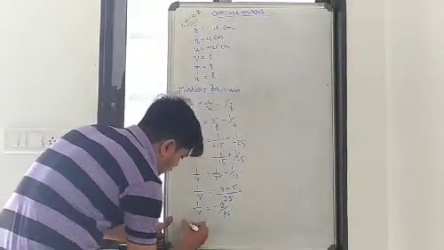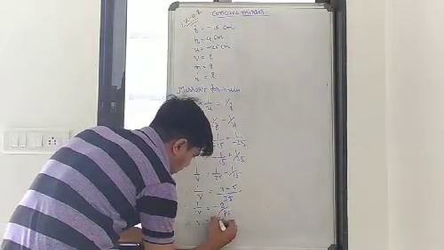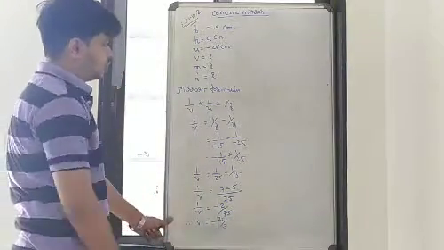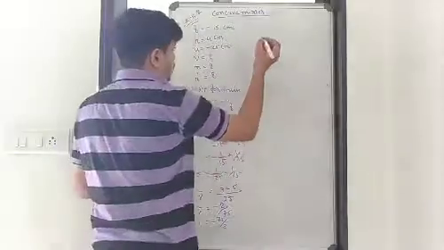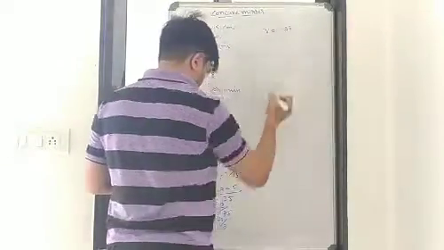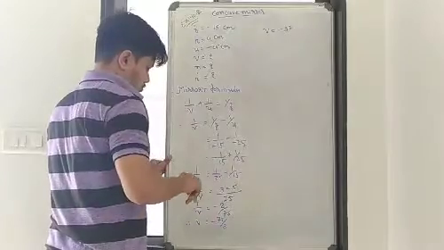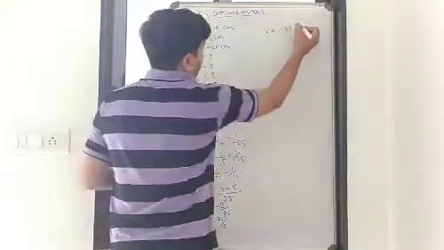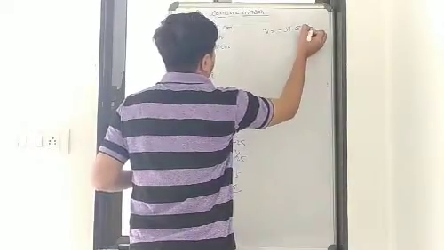So according to it, V is minus 75 by 2. If you just do the division, then what is your answer? The answer is V equals minus 37.5 centimeter.